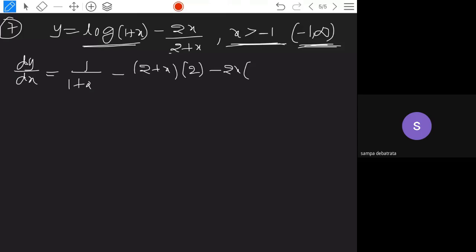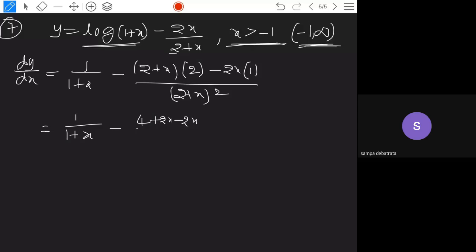By 2 plus x whole square, the u by v method. Okay, so on simplification, this equals 1 by 1 plus x minus 4 plus 2x minus 2x by 2 plus x whole square.